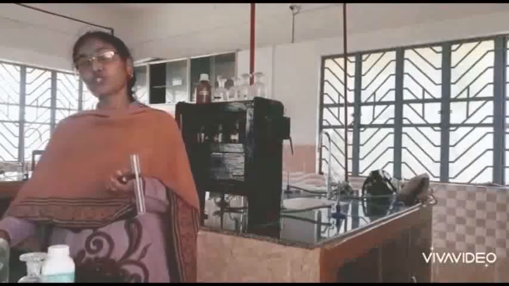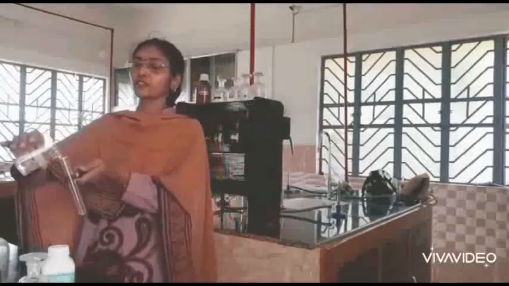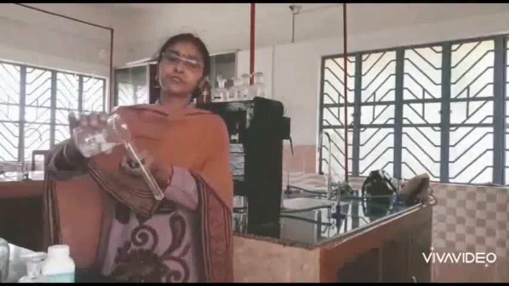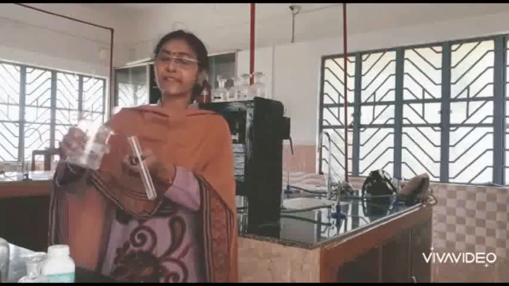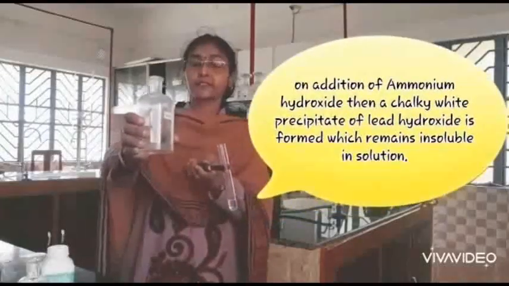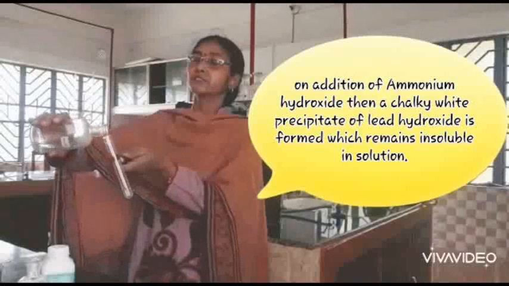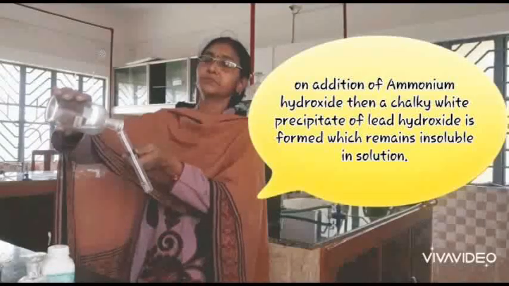Now the salt solution is prepared in general, and I am taking around 5 ml of the salt solution in a test tube fitted to a test tube holder. I hope you can see it is approximately 5 ml. To that I am adding ammonium hydroxide. Let us see what is the observation in my test tube.